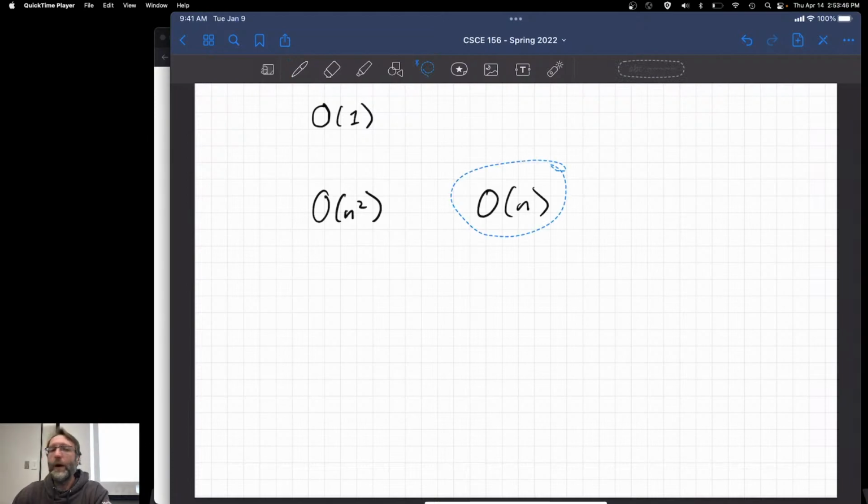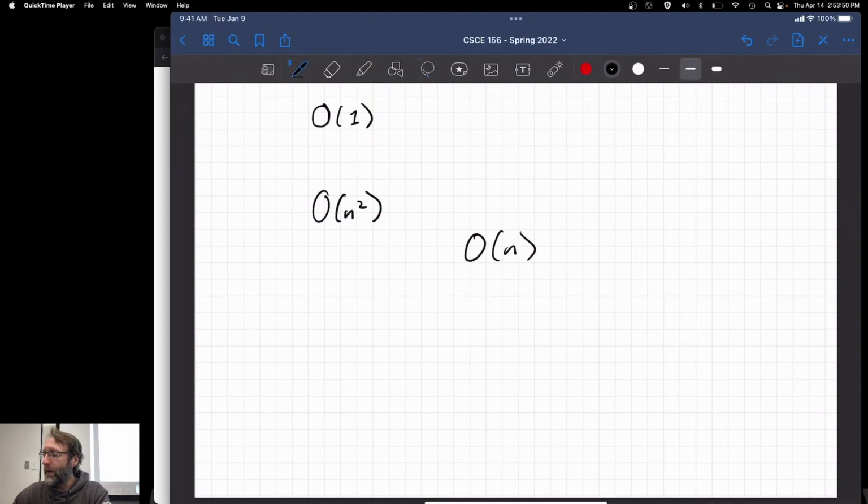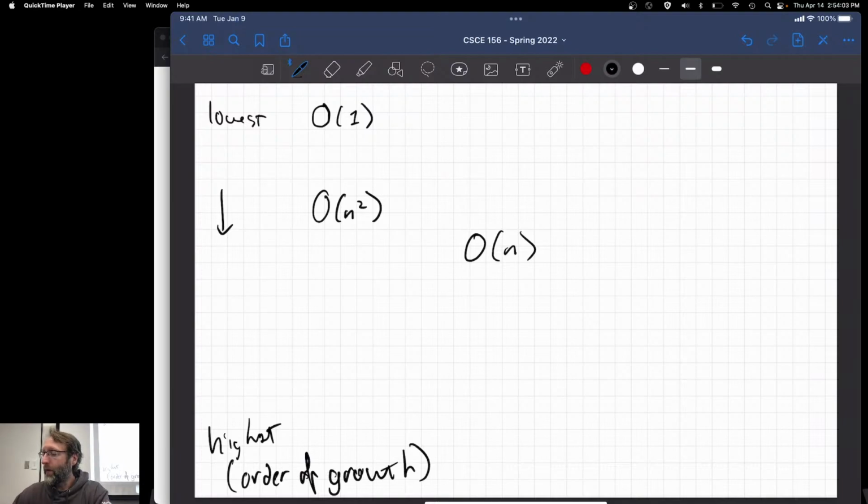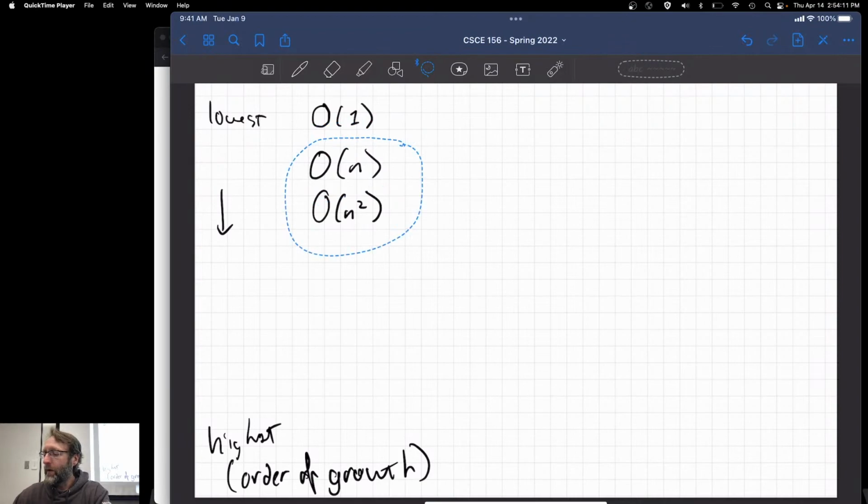Where should I put order n? Above or below, if this is going to be lowest to highest, by order of growth? So now where should I put a linear function? Above.